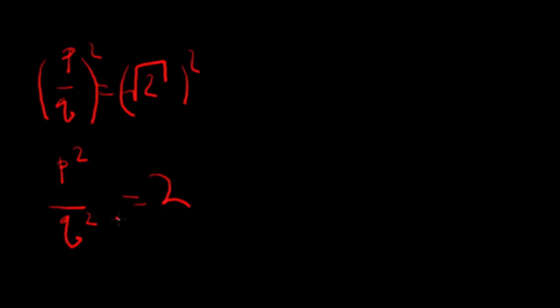And if we multiply both sides by q squared, we get p squared is equal to 2 times q squared. This equation tells us that p squared is even, as it is equal to 2 times some integer. But if p squared is even, then p itself must also be even.